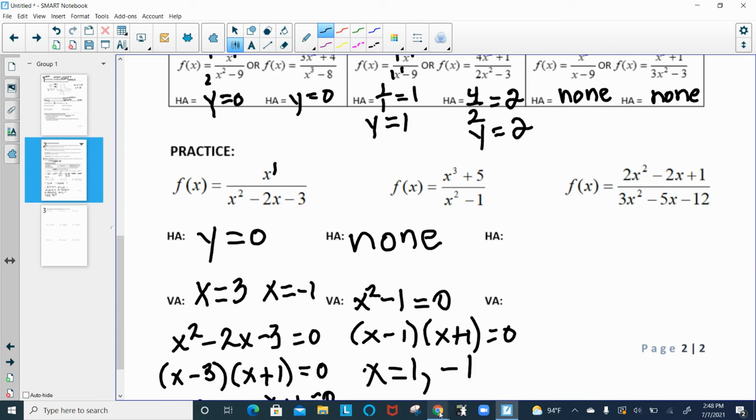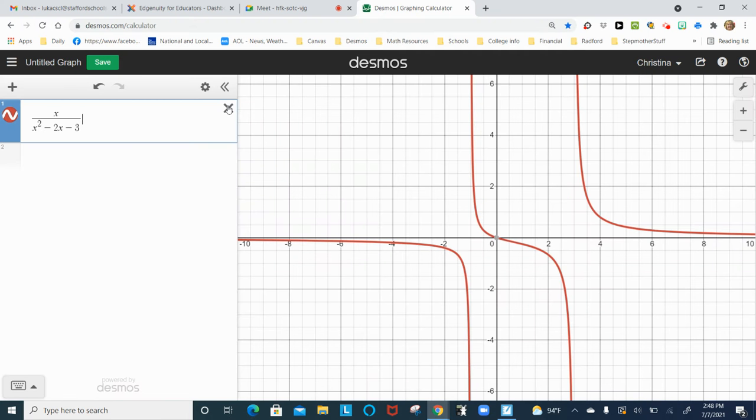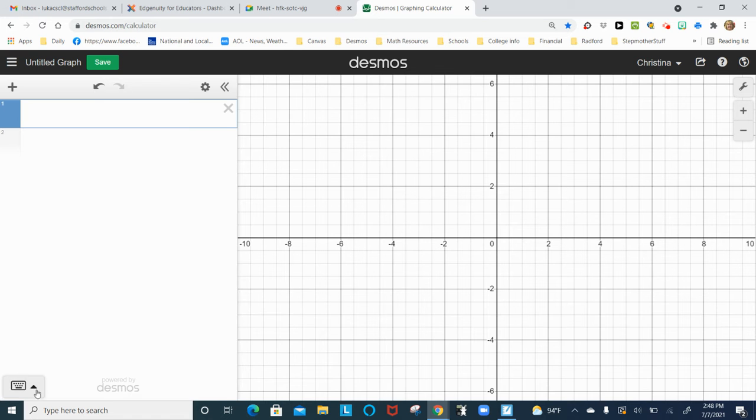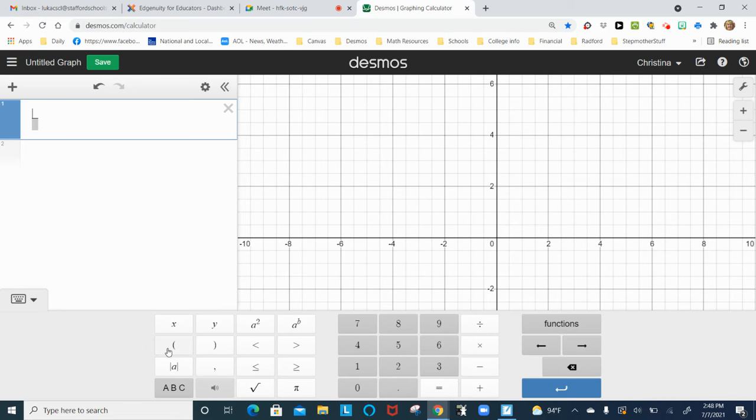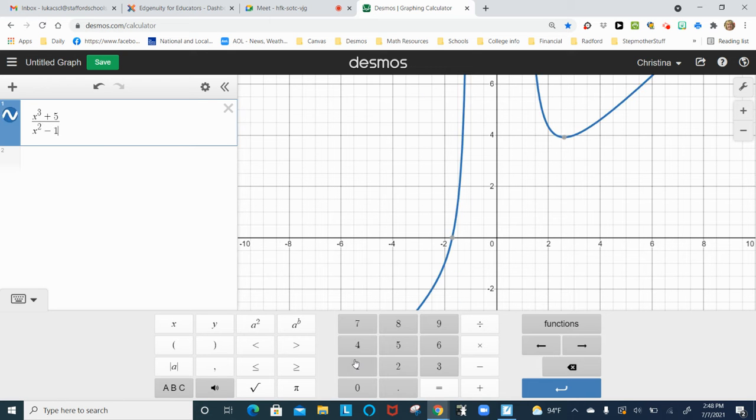And if I put that into the Desmos calculator, I'll show you what that looks like. Just like to give you the visual here, because it really does help to see that, reinforcing those asymptotes. Okay, so this looks really funky.